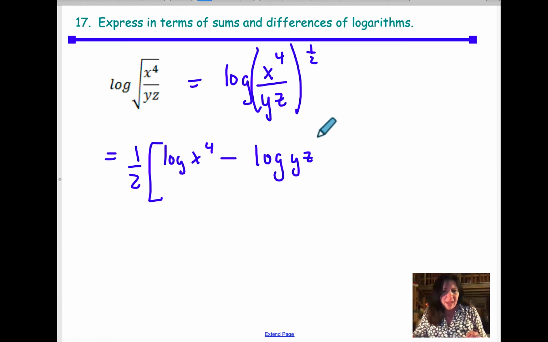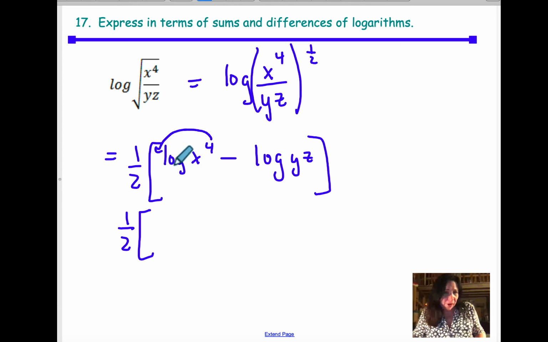And so what's happening within this is, this is minus this quantity, because both of these are in the denominator. So I could rewrite that again, and just for fun, I'm going to deal with this 4 and bring that out front of my log. So that's going to be 4 log base 10 of x, and then this is yz. See that? So you have options.